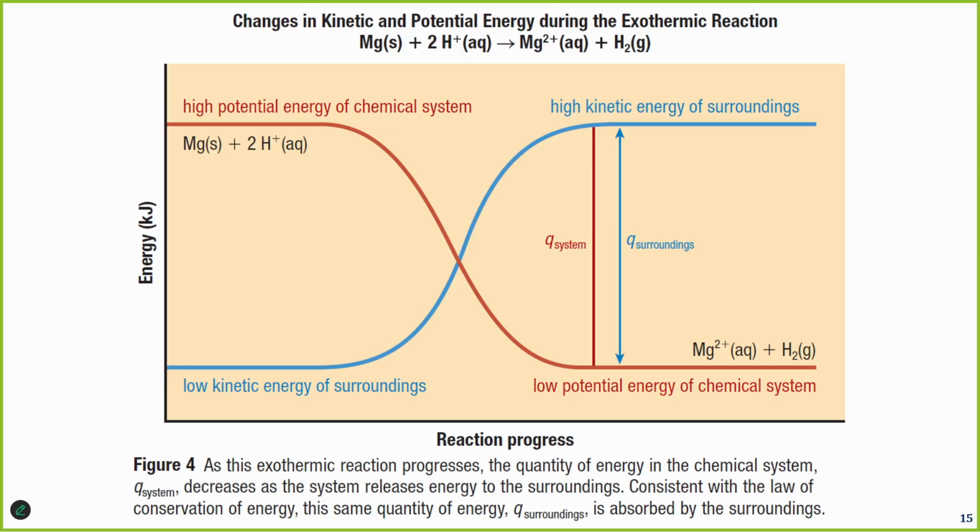The surroundings are the liquid water in the calorimeter. During the reaction, the water temperature increases. We can infer from the temperature increase that energy is transferred from the chemical system to the surroundings, which is illustrated in figure 4 here. Therefore, the products have a lower enthalpy than the reactants, so delta H is less than 0, right? And therefore, this is an exothermic reaction.